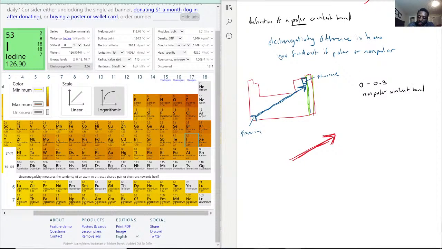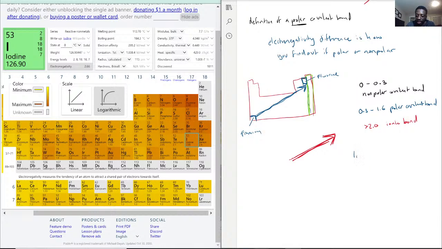If it's between 0.3 and 1.6, this is a polar covalent bond. And typically if it's 2.0 and greater, so greater than 2.0, that's an ionic bond. Now you're probably wondering, what happens between 1.6 and 2?